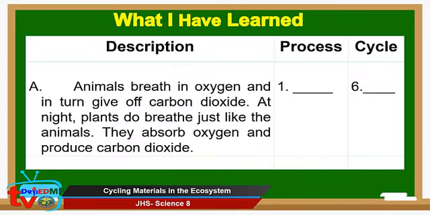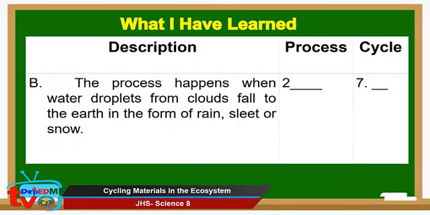Description: A. Animals breathe in oxygen and in turn give off carbon dioxide. At night, plants do breathe just like the animals. They absorb oxygen and produce carbon dioxide. B. This process happens when water droplets from clouds fall to the earth in the form of rain, sleet, or snow.